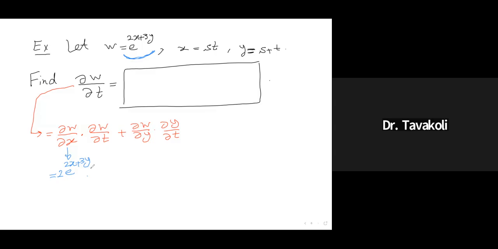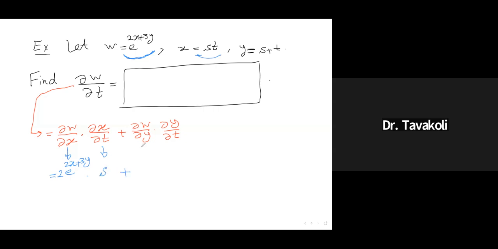There was a mistake here on the top. It was partial of x with respect to t. Now, partial of x with respect to t, I should deal with s as a constant. x is st. Partial with respect to t is just s.